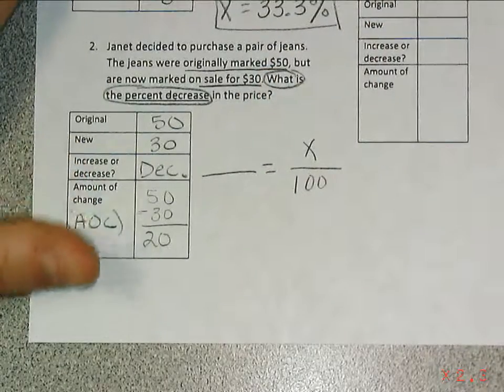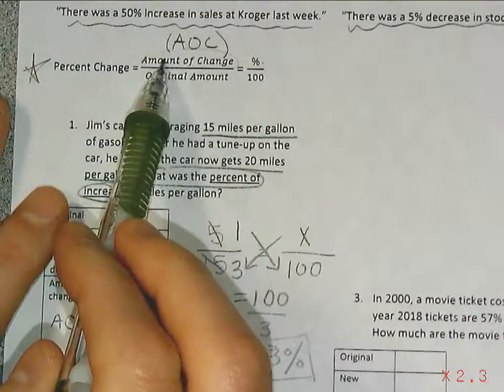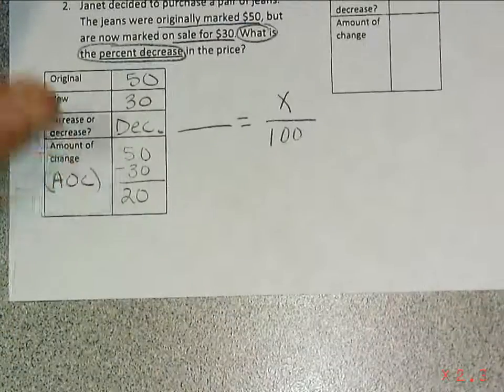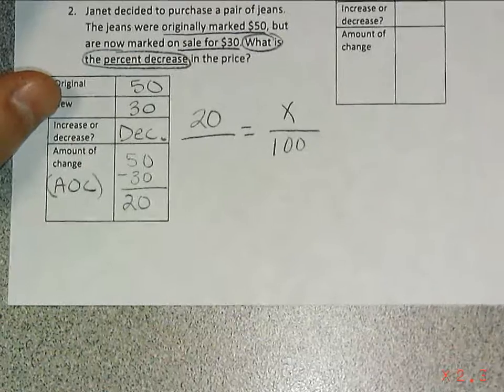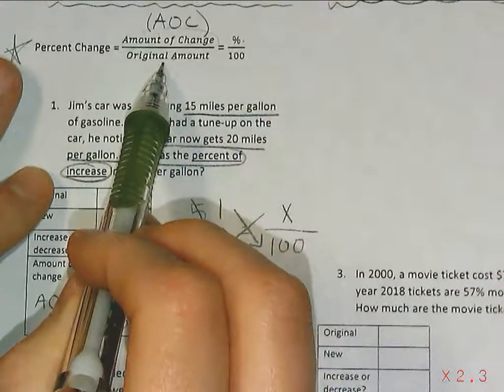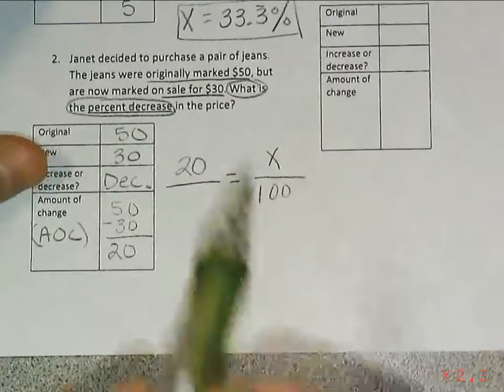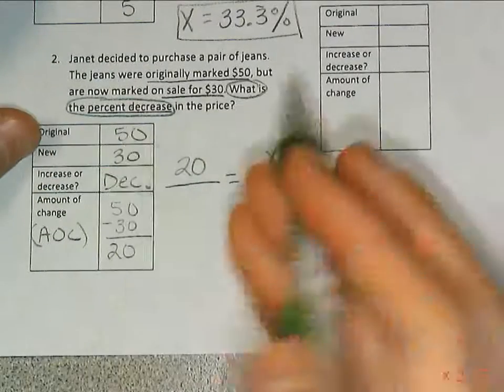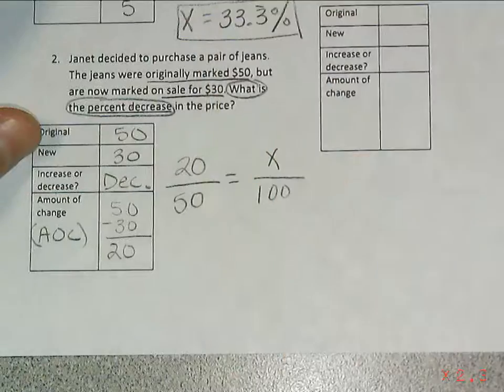Then I'm going to put my amount of change on top, my AOC, which was 20 in this case. And then I put my original amount on bottom. My original amount was the $50 for the jeans, so 50 goes on bottom.